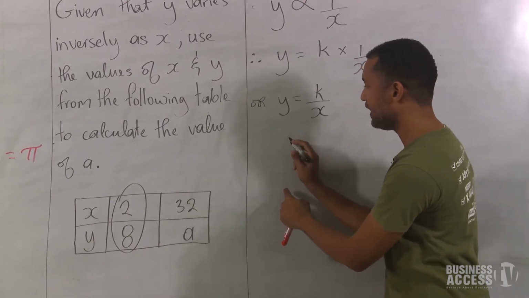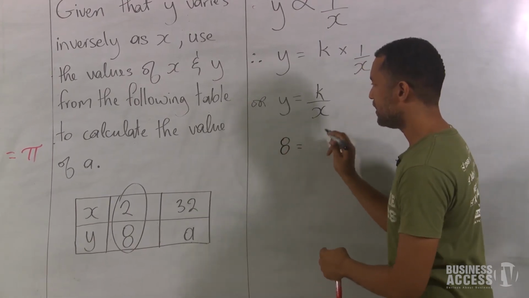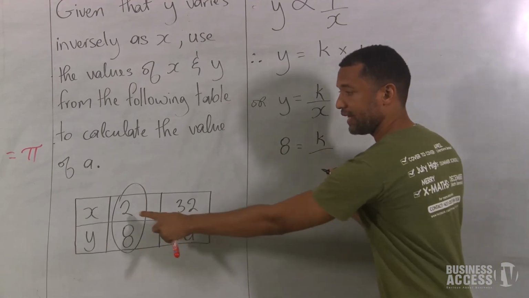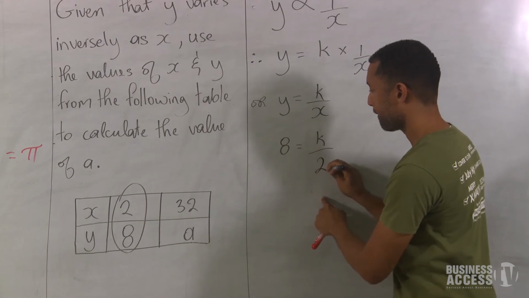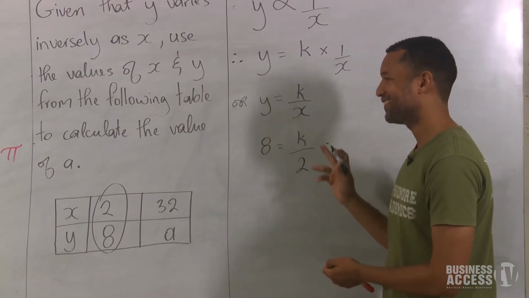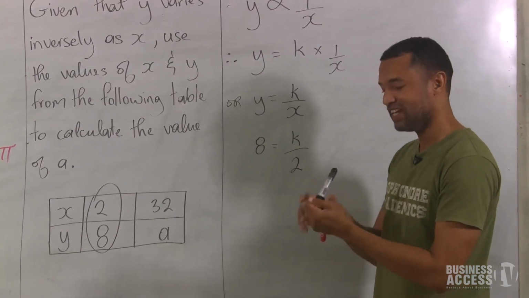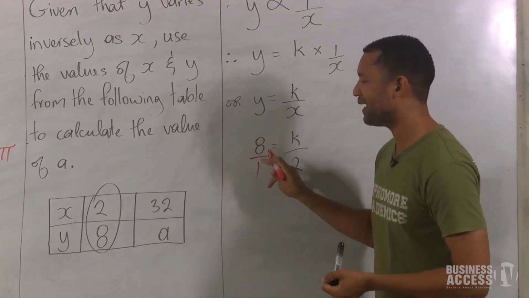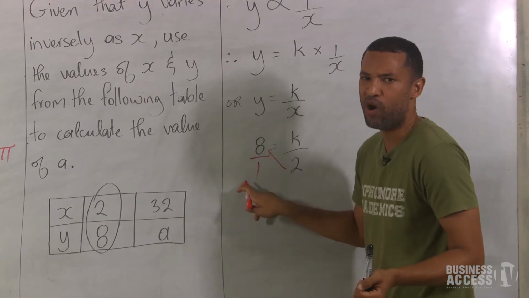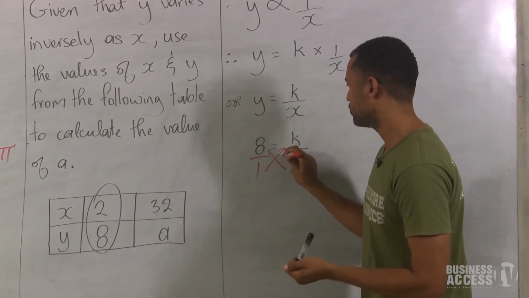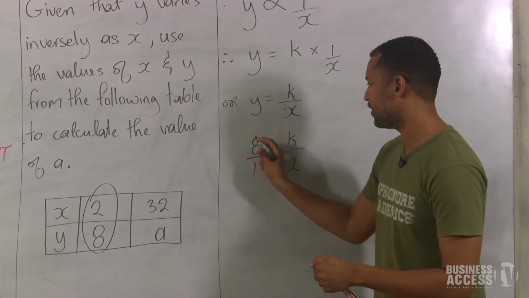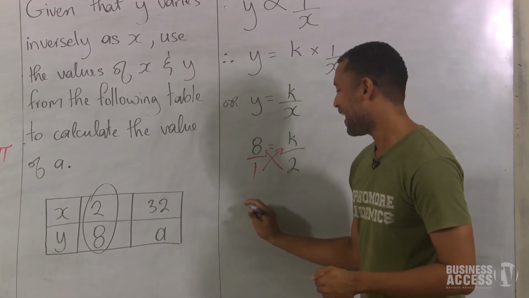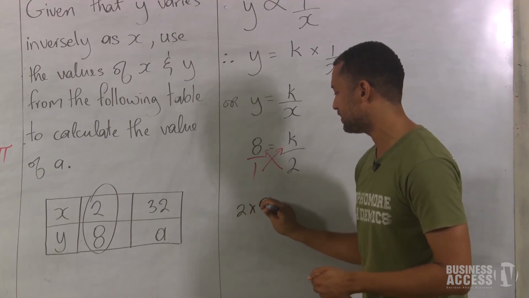When y is 8, so we have 8 is equal to k, which we're trying to find, over the x value, which is 2. And then you just solve for k, ladies and gents. All right, many ways to do this. I'm just going to do a quick way. Guys, 8 is the same thing as 8 over 1, right? So I'm just doing some quick calculation here. 2 goes up to multiply with 8, and we'll have 2 times 8, which is 16.